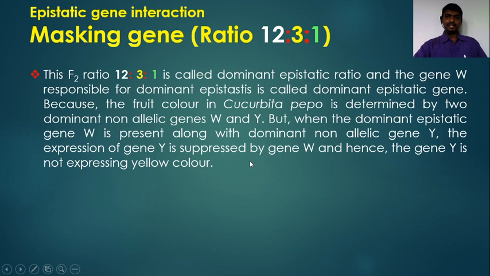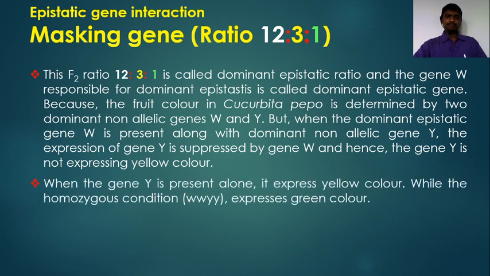So the fruit color in Cucurbita has been determined by two dominant non-allelic genes. These are two different genes that are located at two different positions on the chromosome. The genes are W and Y. When this W, which is a dominant epistatic gene, is present along with the dominant non-allelic gene Y, the expression of the Y gene is suppressed by the dominant W gene, and hence the gene Y is not expressing yellow color.